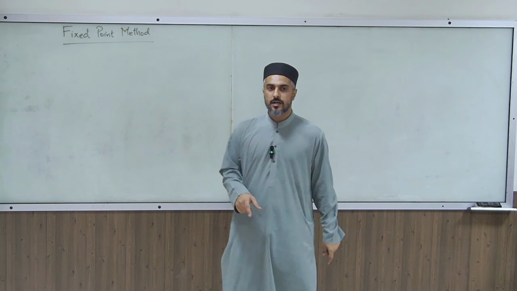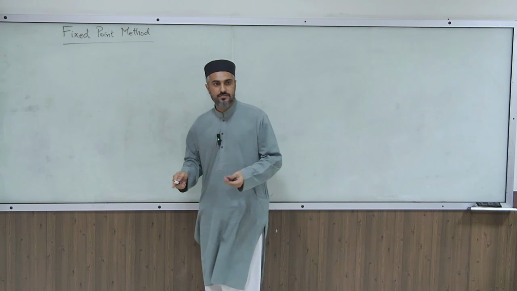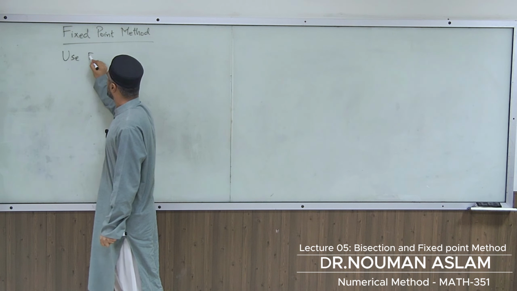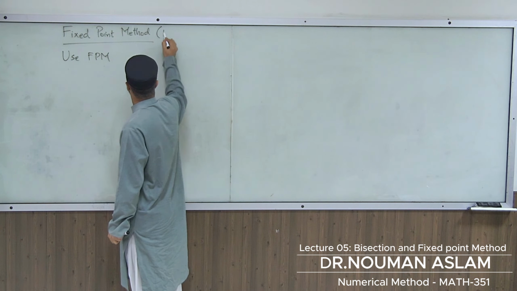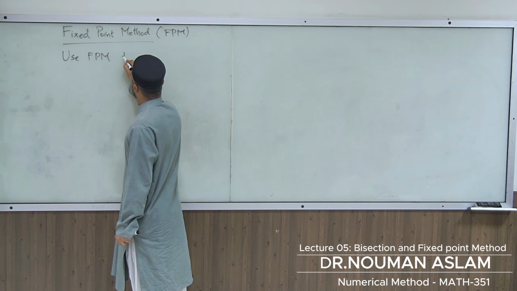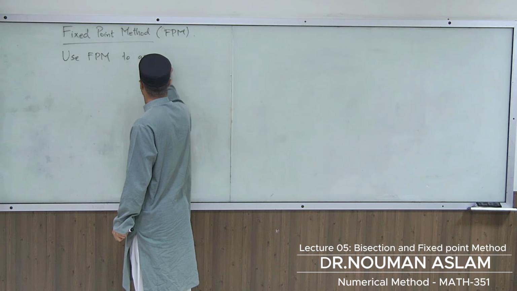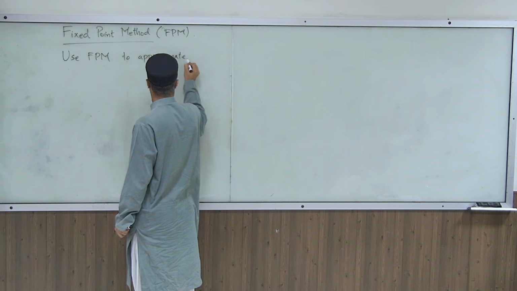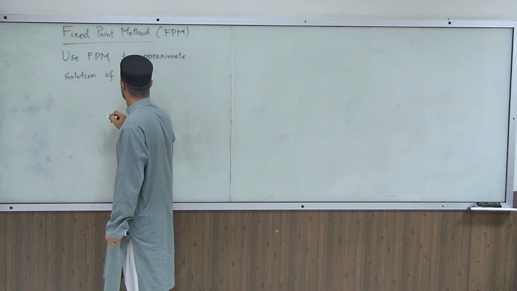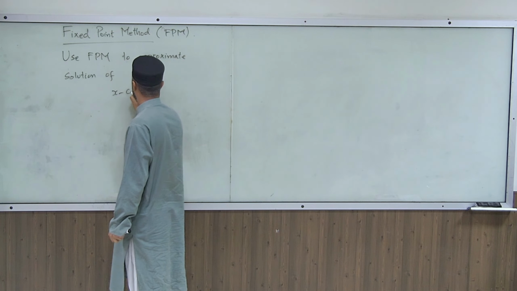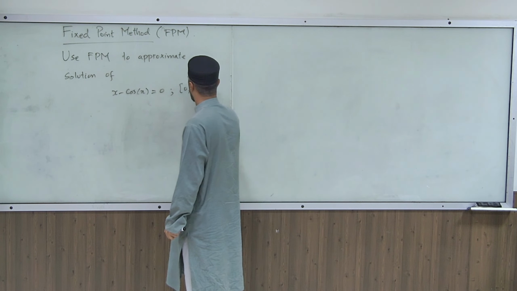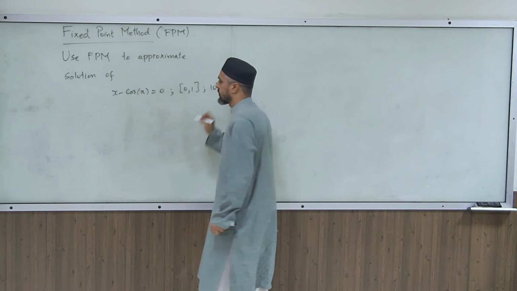We'll come to that point, but let's revisit the same example that we're doing. Use the fixed point method to approximate a solution of x minus cos x equals 0 on this interval, with, let's say, an accuracy of 10 to the power minus 3.